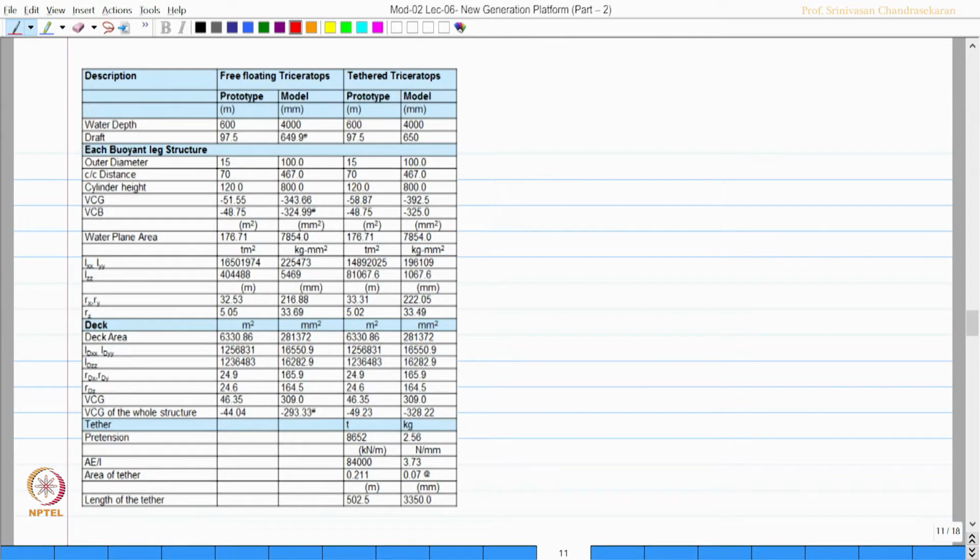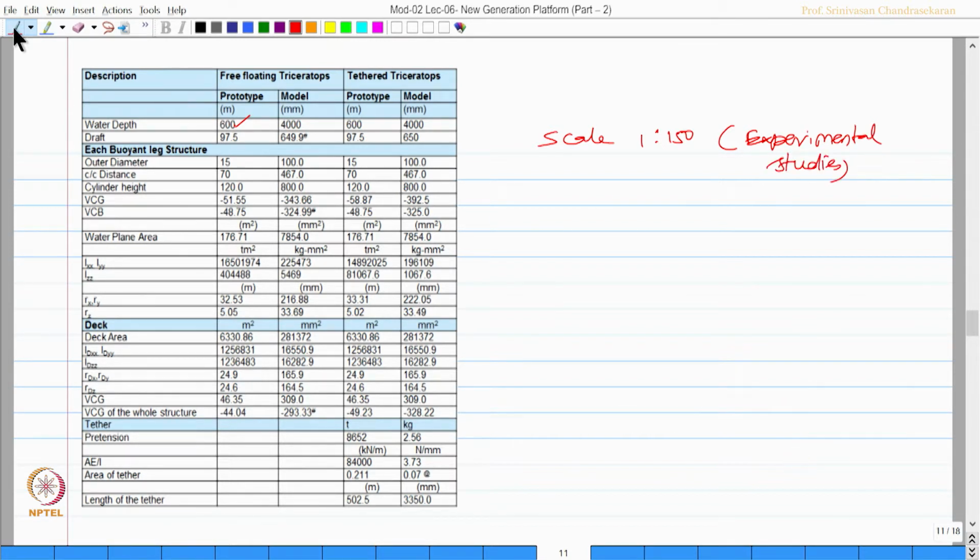A further study is then extended to a water depth of 600 meters for a scale of 1:150, and experimental studies were performed to understand the response behavior.